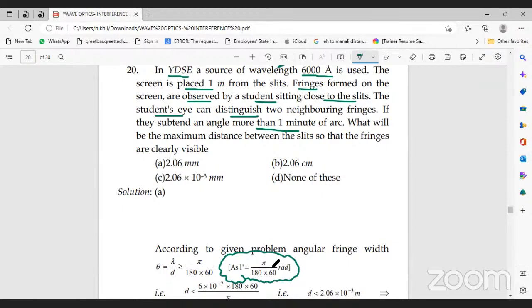Now they are expecting you to find the maximum distance between the slits. Maximum distance between the slits means d. You know that path difference d sin theta equals lambda. If theta is very small, sin theta can be taken as only theta. So what is theta?